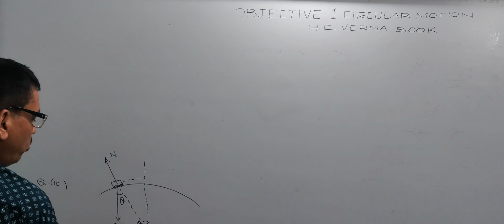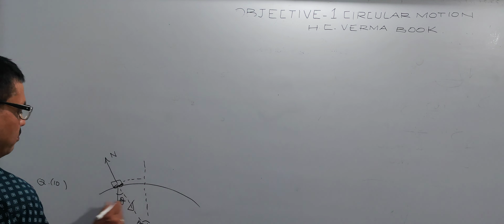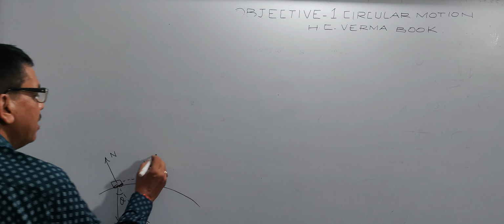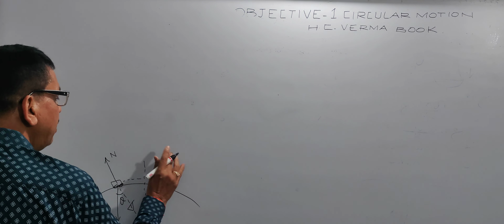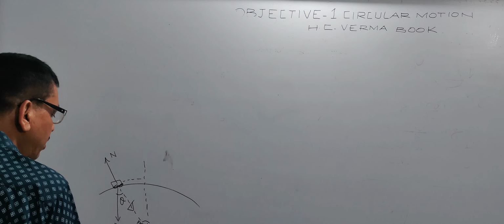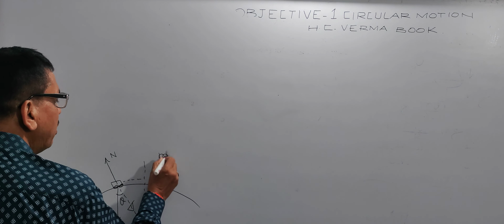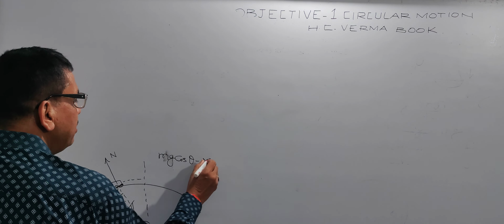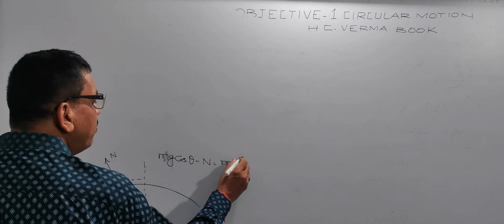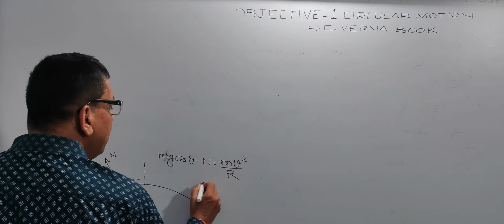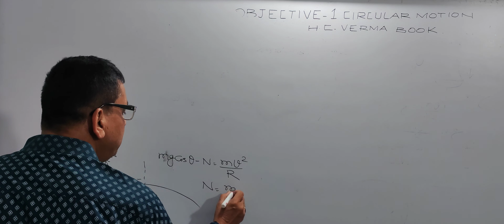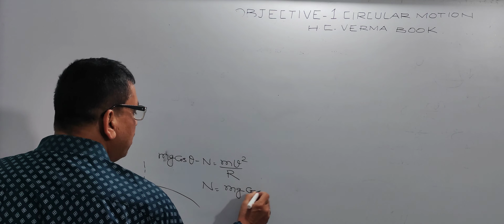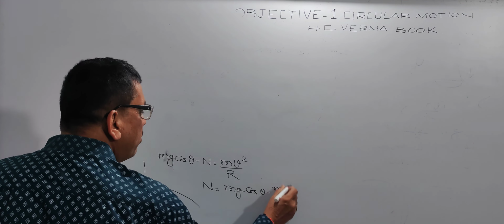So you will get the component of mg towards the center is mg cos theta. So I can say mg cos theta minus N is equal to mv square by r, or I can say N is nothing but mg cos theta minus mv square by r.